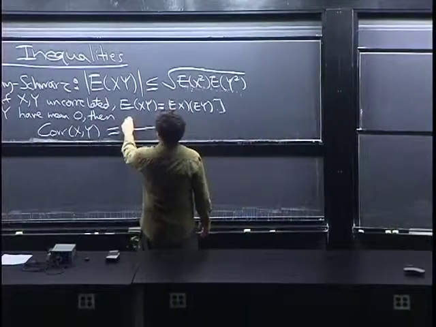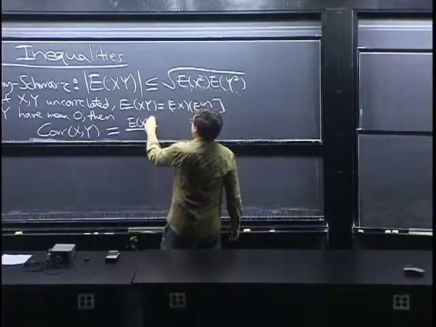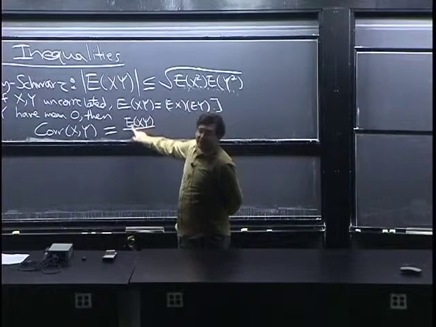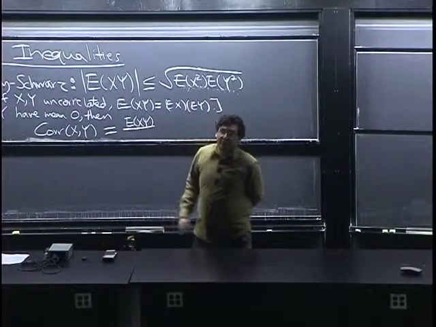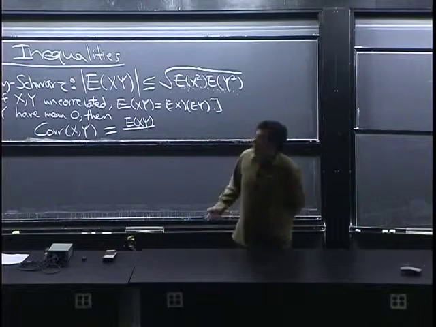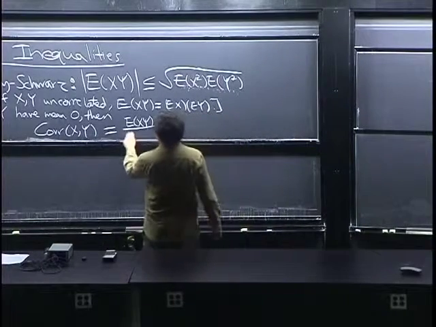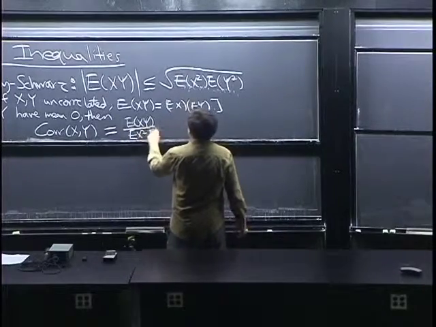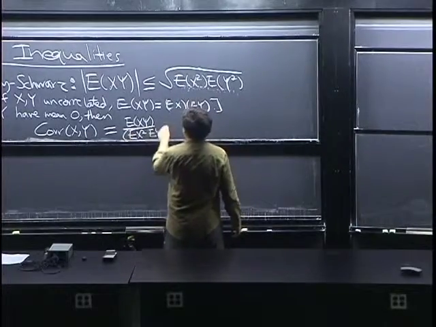So the covariance is E of XY minus E of X, E of Y, but I'm assuming mean 0. So this is the covariance. And then I divide by the product of standard deviations, but the variance of X is just E of X squared because it has mean 0. So we just do E of X squared, E of Y squared, square root.